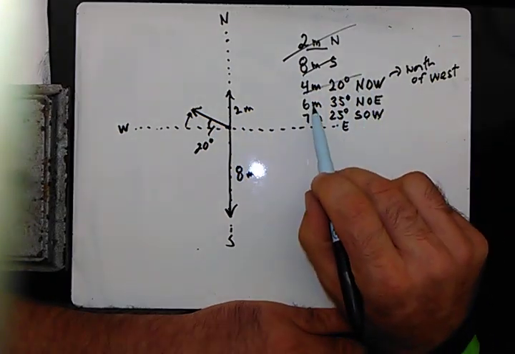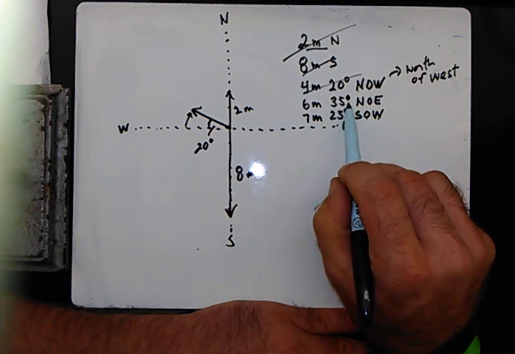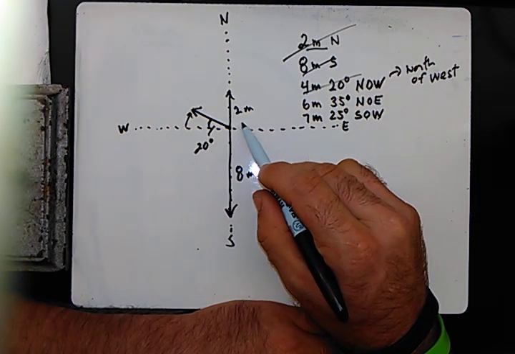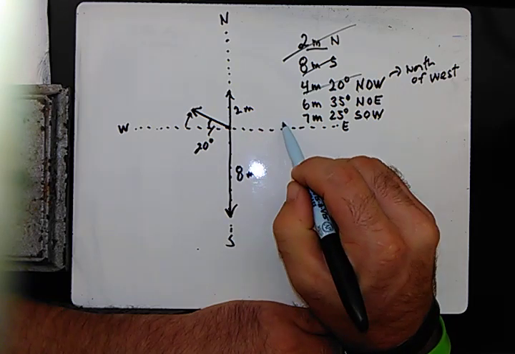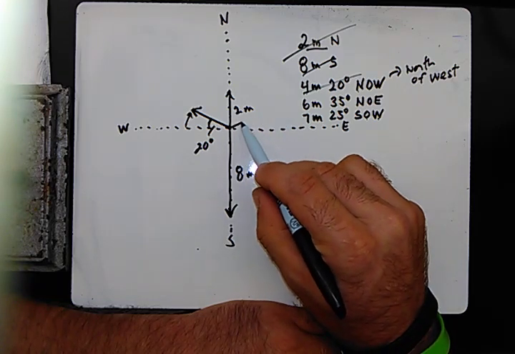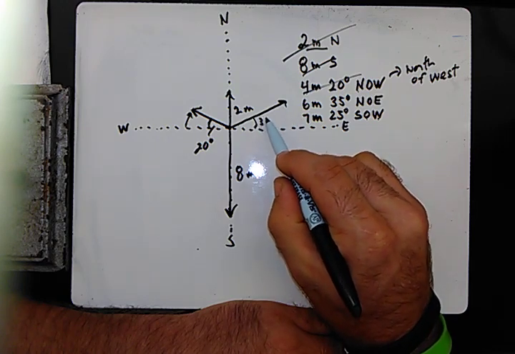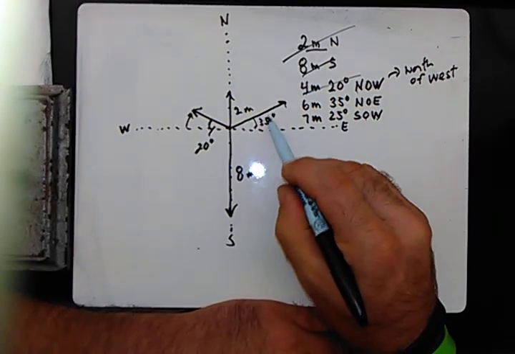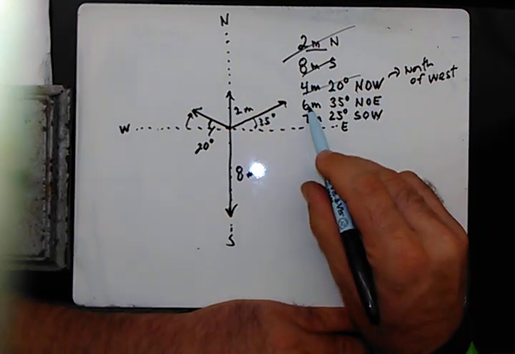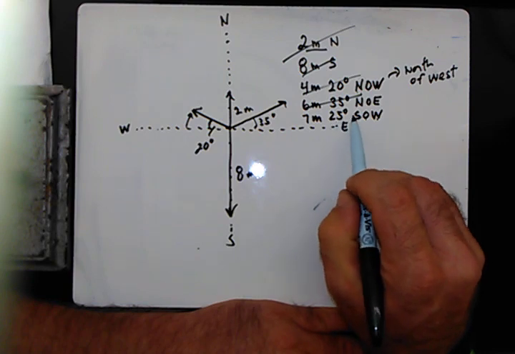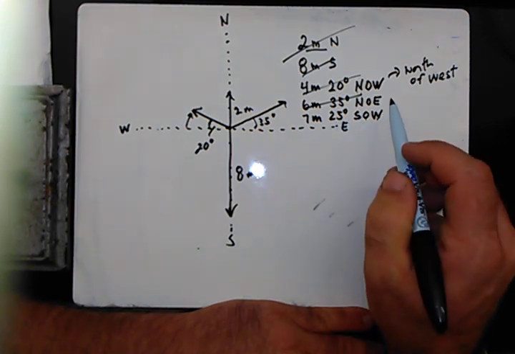6 meters 35 degrees north of the east line. So we've got it. Here's the east line. We're going to go north of it 35 degrees north of the east line. That takes care of that one. And then finally, 7 meters south of the west line.